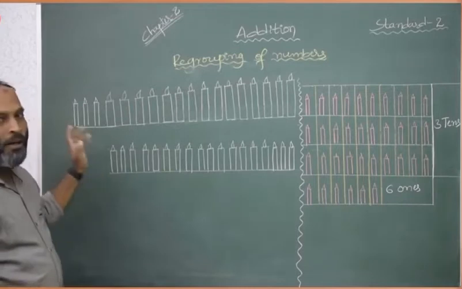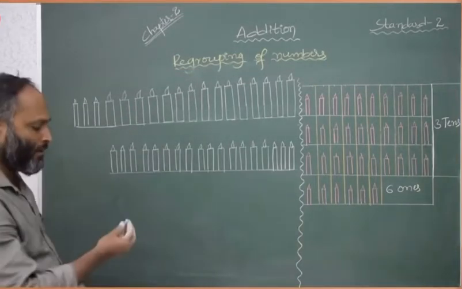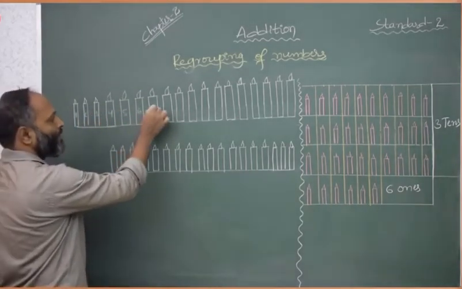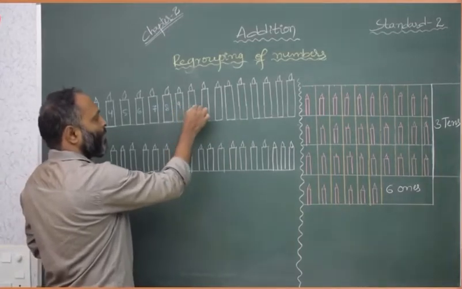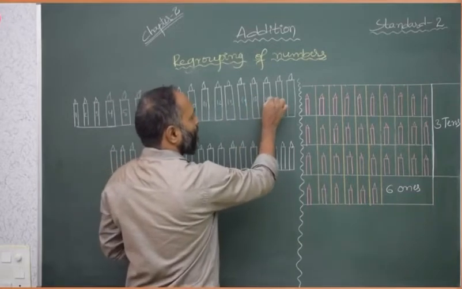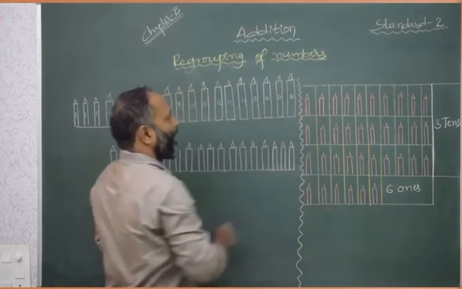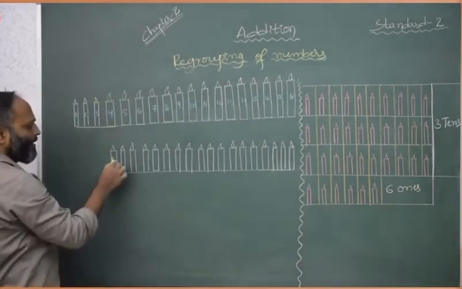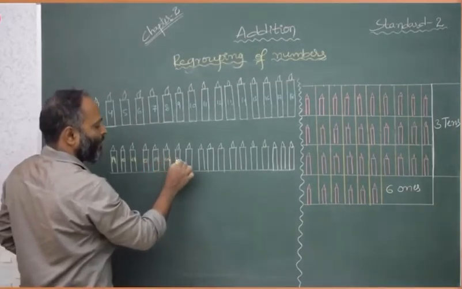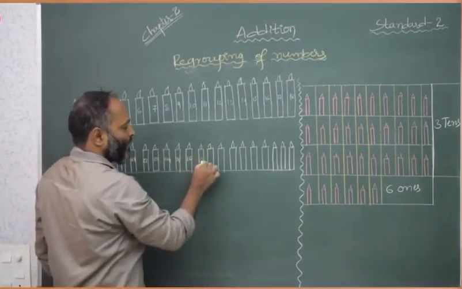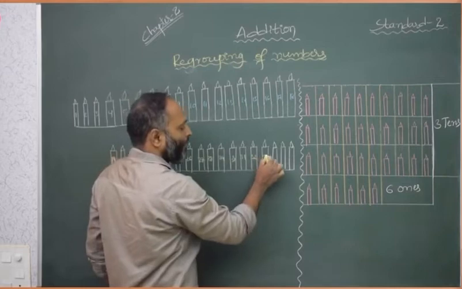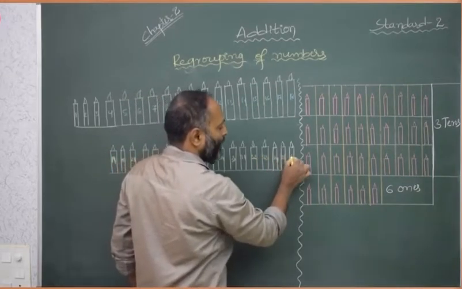Here we first have to count how many candles in total. 1, 2, 3, 4, 5, 6, 7, 8, 9, 10, 11, 12, 13, 14, 15, 16, 17, 18 candles. 19, 20, 21, 22, 23, 24, 25, 26, 27, 28, 29, 30, 31, 32, 33, 34, 35 and 36.